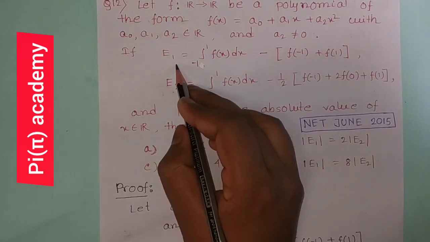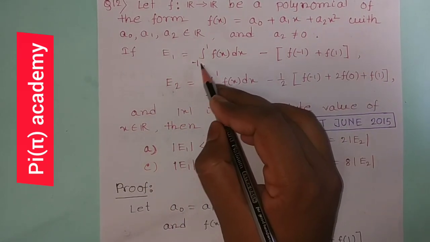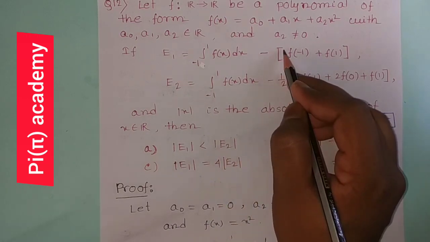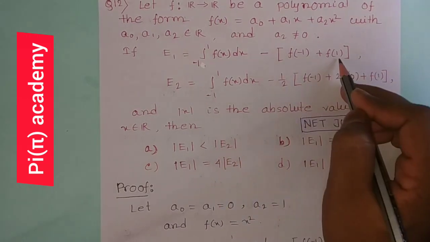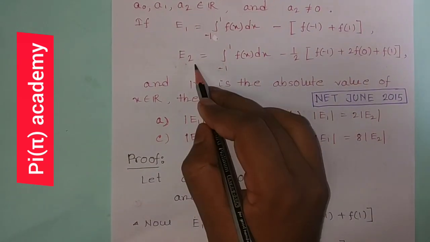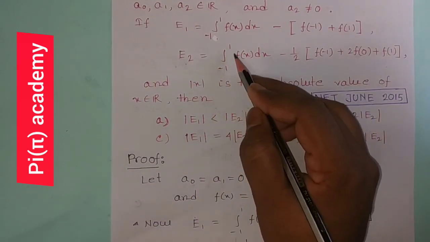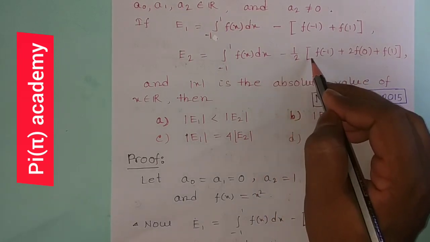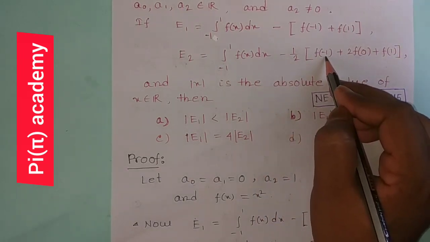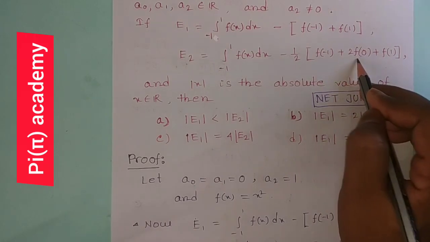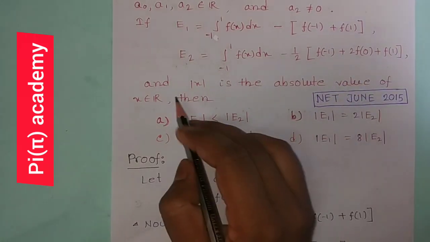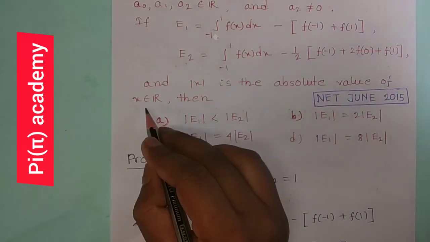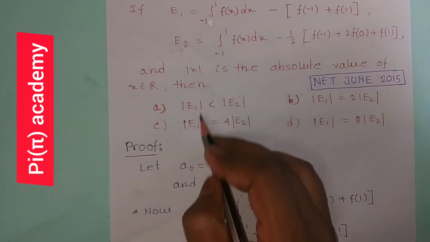If e1 equal to integration minus 1 to 1 f(x) dx minus f of minus 1 plus f of 1, and e2 equal to integration minus 1 to 1 f(x) dx minus half into f of minus 1 plus 2 into f of 0 plus f of 1, and mod x is the absolute value of x belongs to R, then which one is correct?